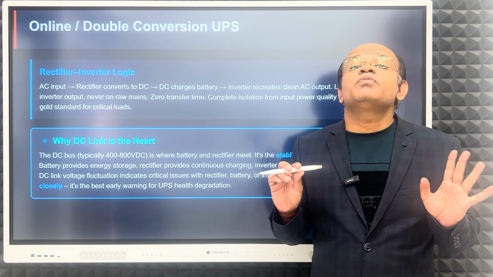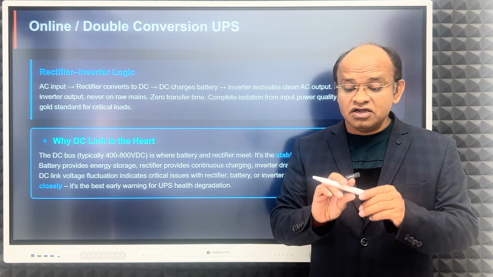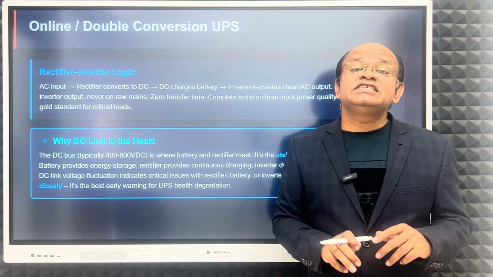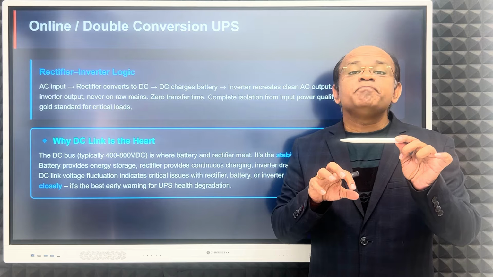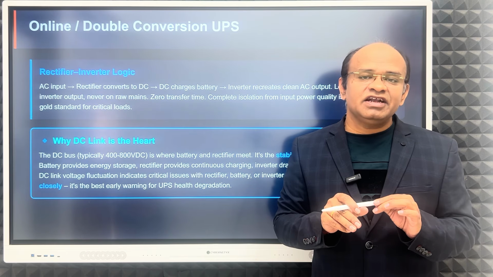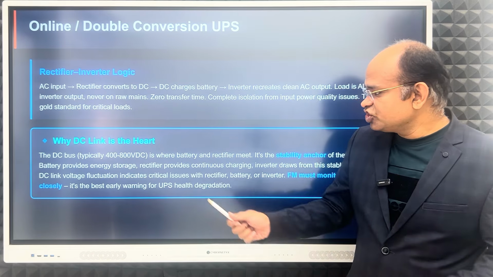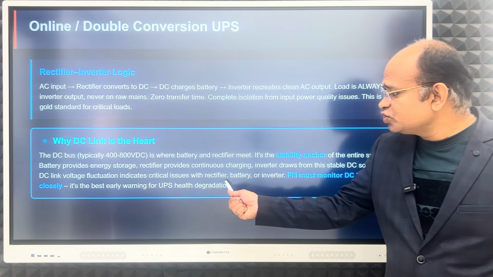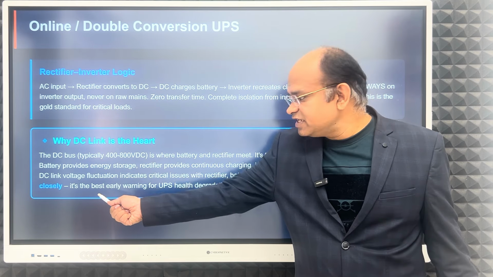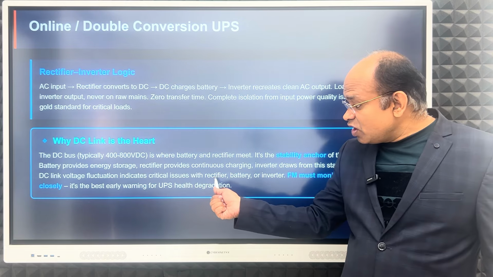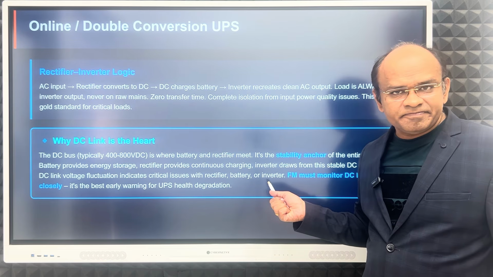As a facilities manager, we should always monitor this DC bus voltage, because if any one of these three behaves differently, any voltage fluctuation on the DC link indicates issues on the rectifier, battery, or inverter.